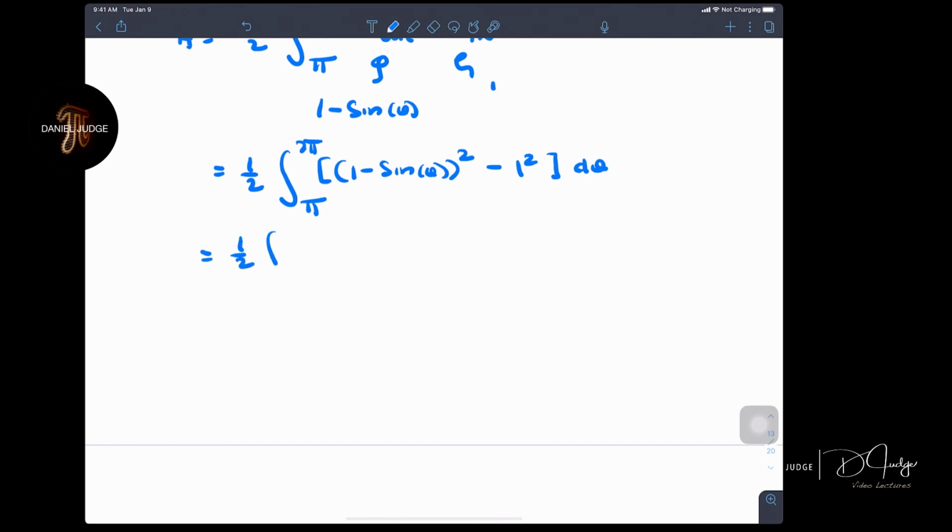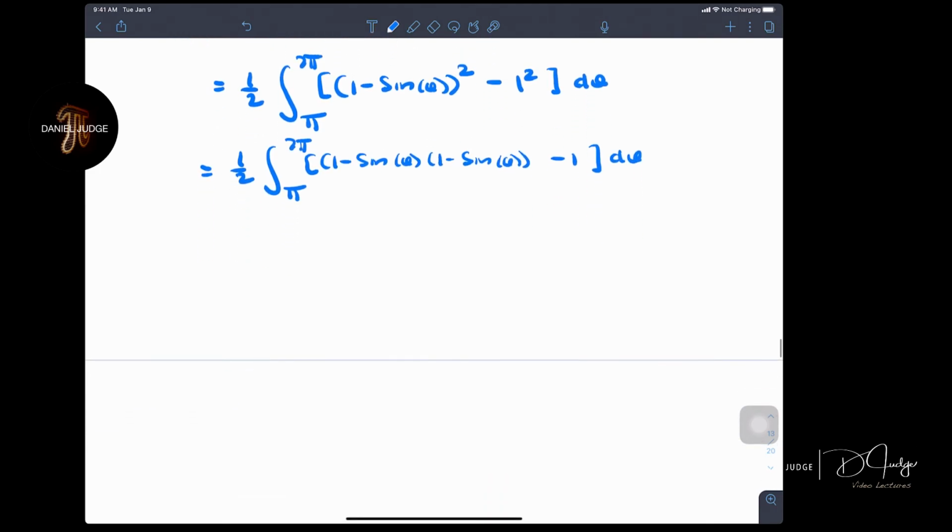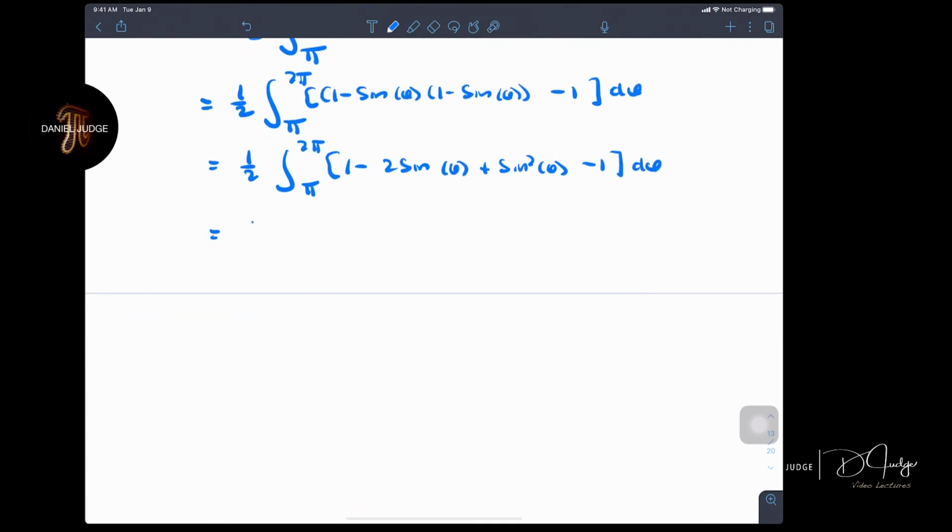So we get 1/2, we integrate from pi to 2 pi. Now 1 minus sine theta times 1 minus sine theta here, minus 1. We're going to have to use FOIL. 1 minus 2 sine theta plus sine squared theta minus 1. So get rid of your 1s. I get 1/2 integral from pi to 2 pi, and I'm going to put the sine squared theta first.